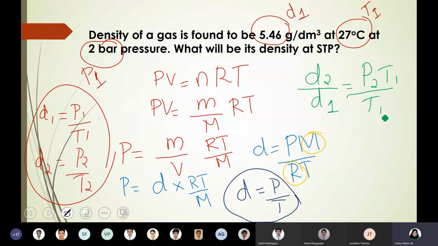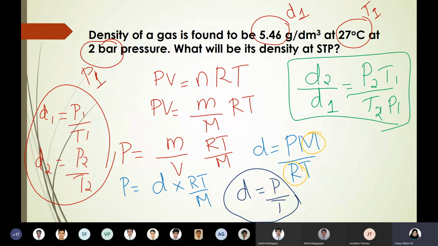So from this equation, you can get it. Just use that equation to get your answer. We'll discuss it tomorrow, but I'm just giving you a hint so that you can take it as homework.